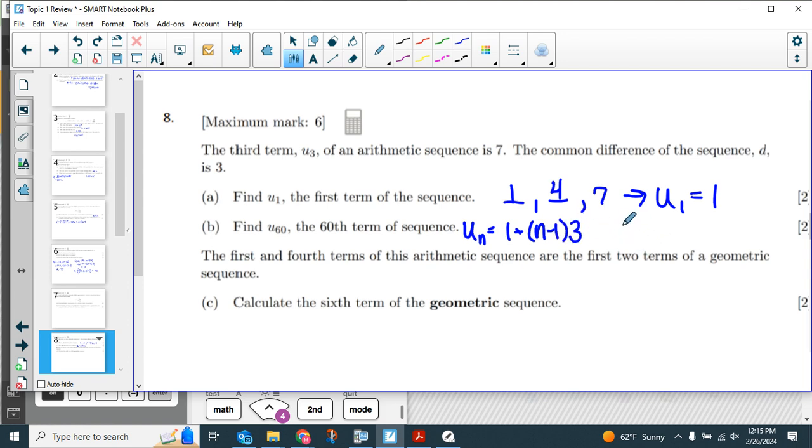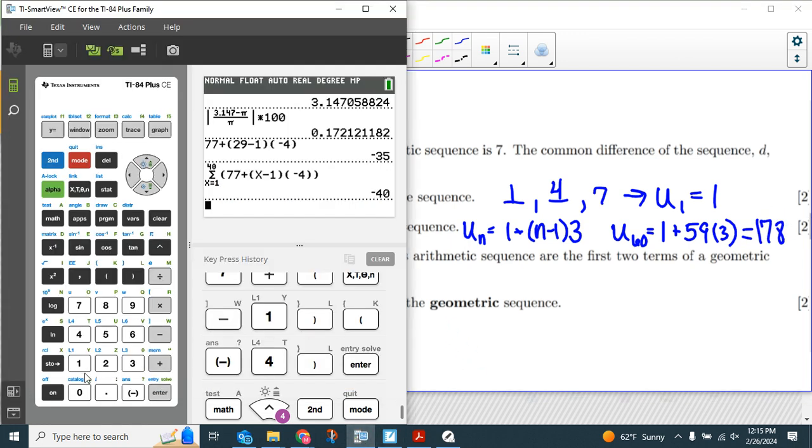So if we want to find u sub 60, that's just going to be 1 plus 60 minus 1 is 59, so that would just be 59 times 3. Of course, you would use a calculator for this. But that's 180, 177. I think it's 178. So, yeah. Okay. Then I won't bother.